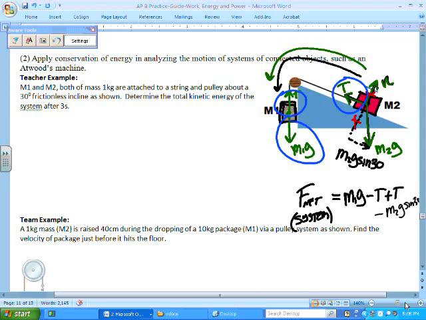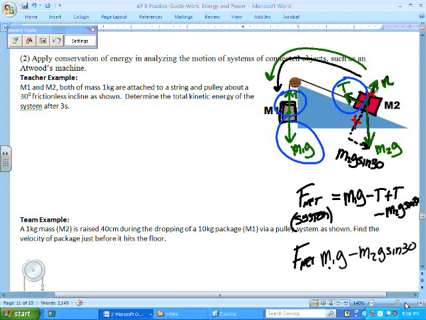So in the end, I've got F net equals M1G minus M2G sine of 30.